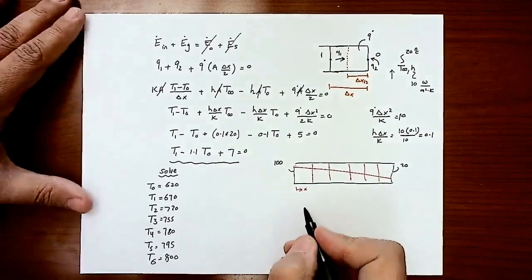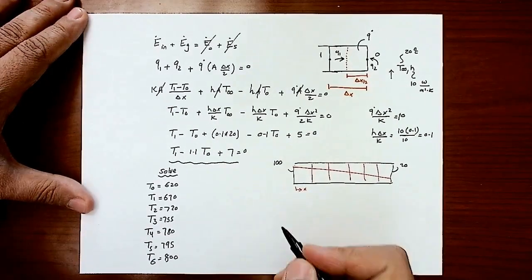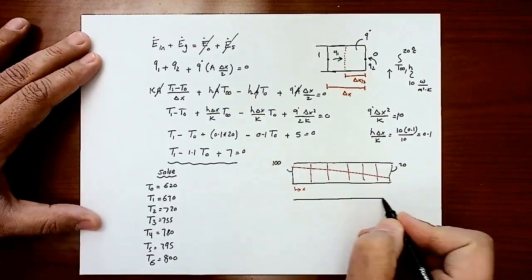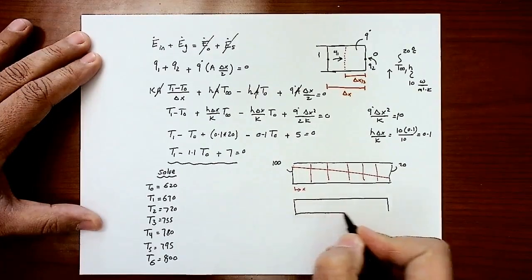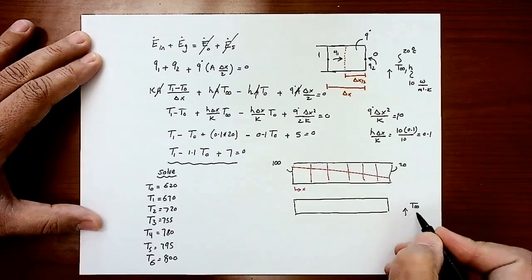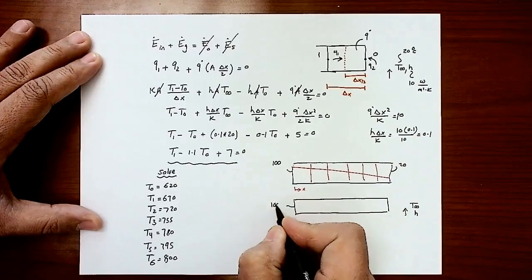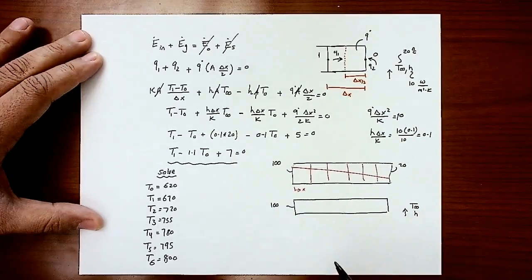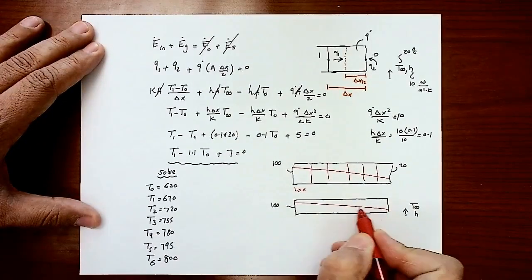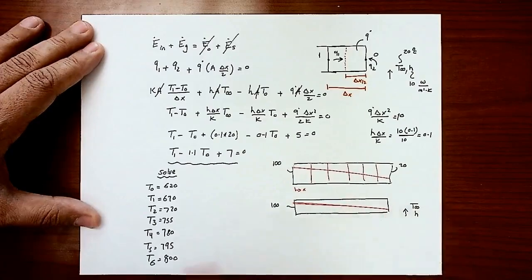Then in the second case, we had the bar exposed to a convection, and this was 100 degrees. In this case, we still get a linear distribution, but with a different slope.